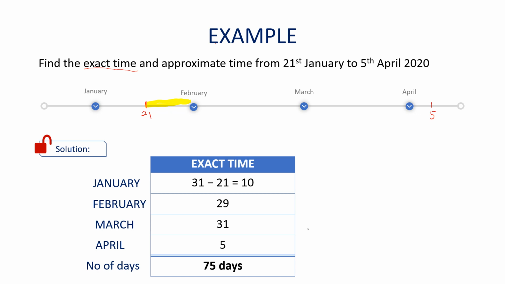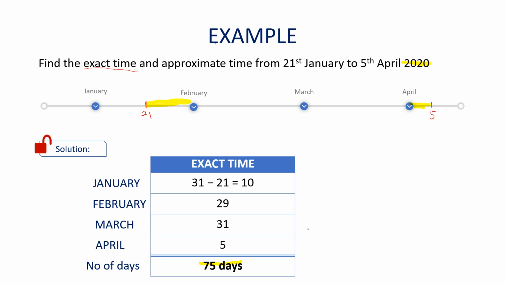February has 29 days since 2020 is a leap year. March has 31 days and April has 5 days, since we start from 1st April to 5th April. So the number of days by using exact time is 75 days.